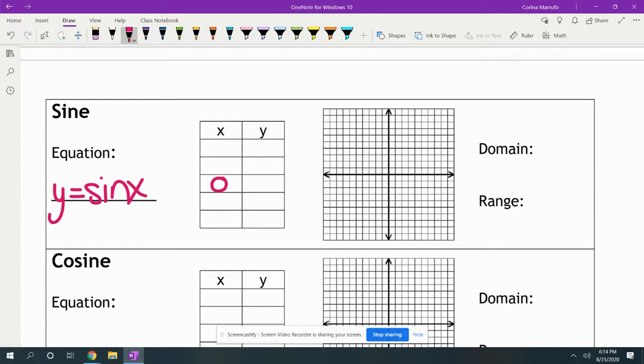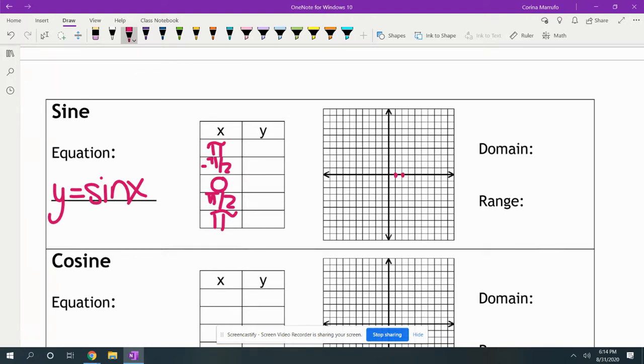And then we can use pi over 2 and pi. And then here we'll use negative pi over 2 and negative pi. Okay, so we're going to pretend that this is half a pi and this is pi.